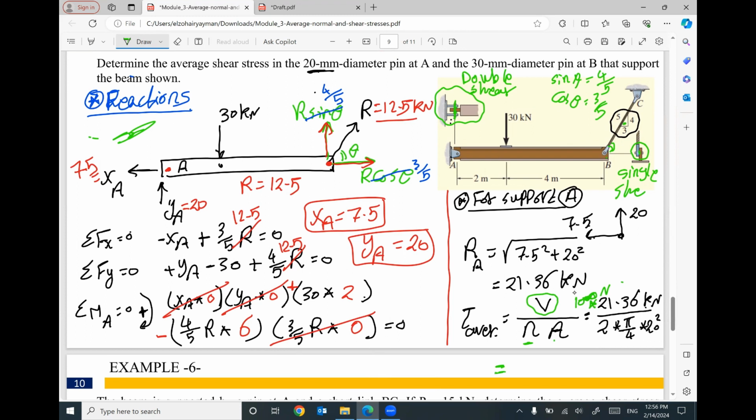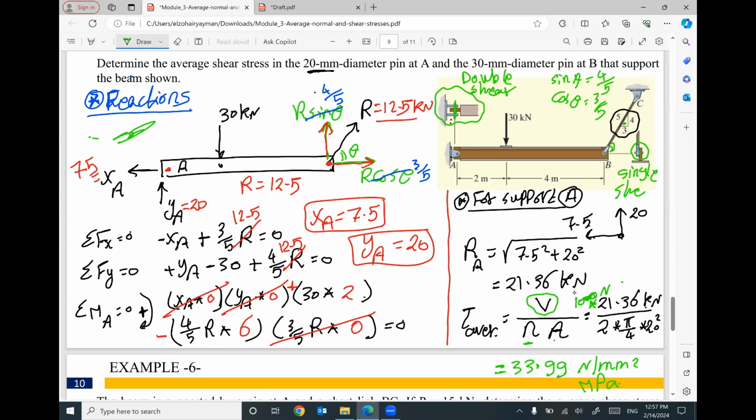So the average shear stress will be 33.99 Newton per millimeter square, which is mega Pascal. This is the average shear stress in the 20 millimeter diameter pin at A.